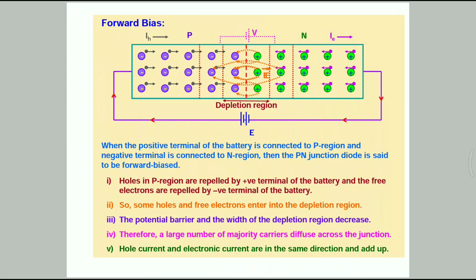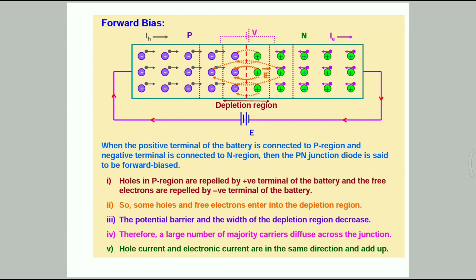Flow of current in forward biasing. In this situation, the forward voltage opposes the potential barrier, due to which both the potential barrier and the width of the depletion layer decrease. Under the effect of the external electric field, holes in the P region and electrons in the N region both move towards the junction. These holes and electrons combine just near the junction and cease to exist.